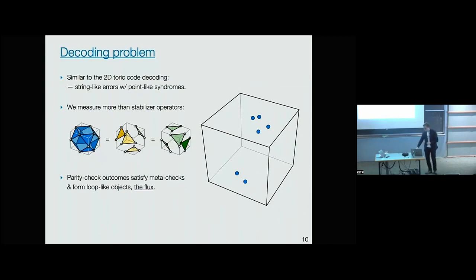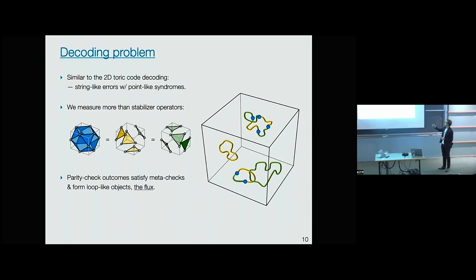So the flux will be all the parity checks that return a -1 outcome. Those will form closed loops. They will fluctuate very much within the system, and nevertheless they will stay closed loops. And interestingly, I will have two colors of this flux.